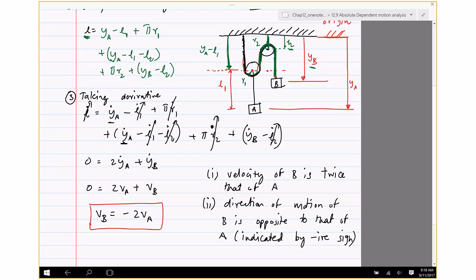Right? So the second thing is obvious. If you move B down, A would move up. That's given by the sign.